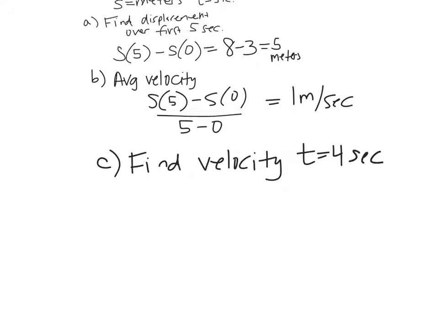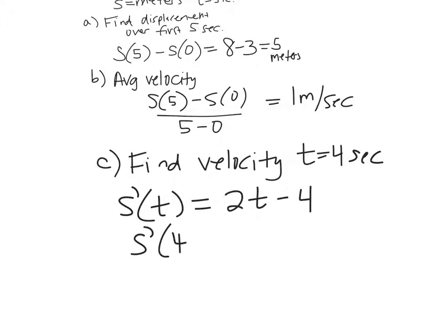To find the instantaneous velocity, you take the first derivative of the motion of the object. This one's an easy one to take the derivative of. What do you get? 2t minus 4. Yep. Then plug in 4. We get 8 minus 4.